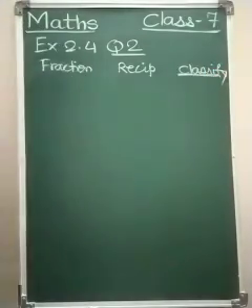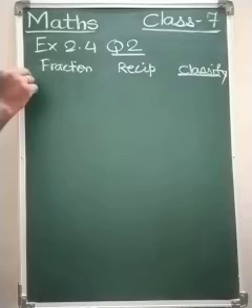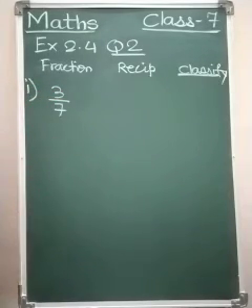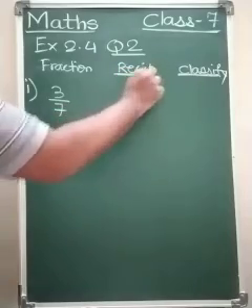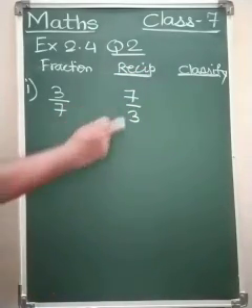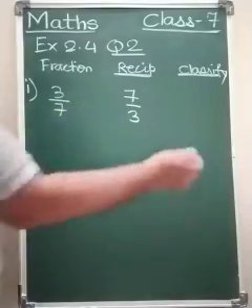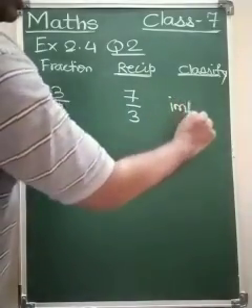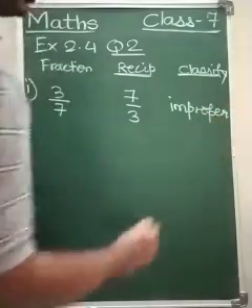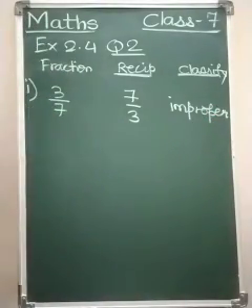So first sum, the fraction is 3 upon 7, reciprocal would be 7 upon 3. Now let us check, 7 upon 3, is it a proper fraction or improper fraction? So we will write down here improper fraction. Done.